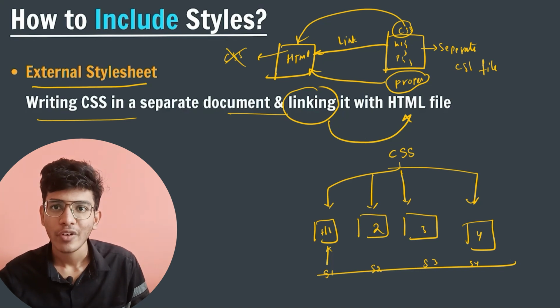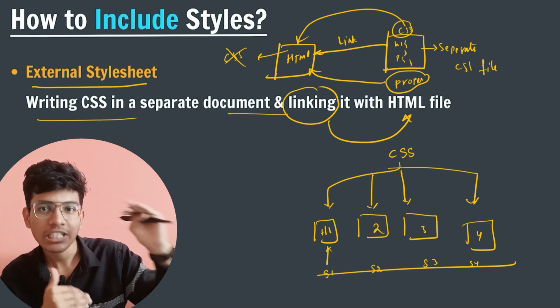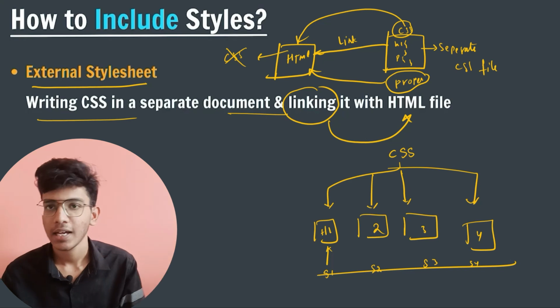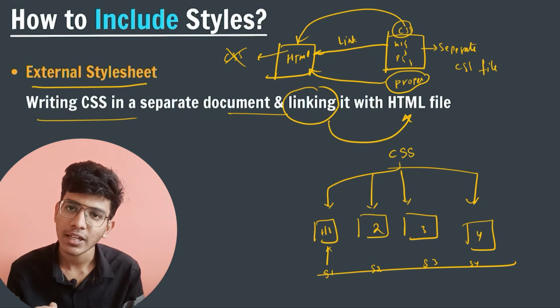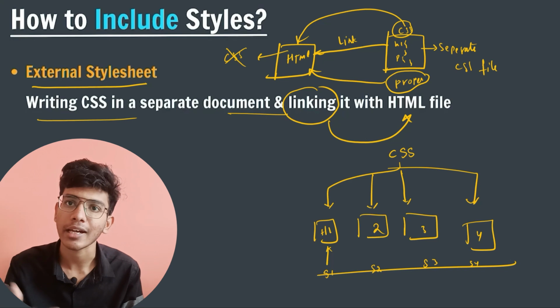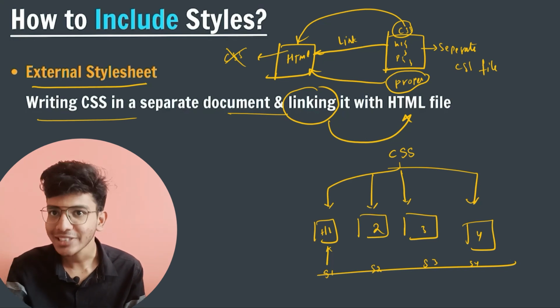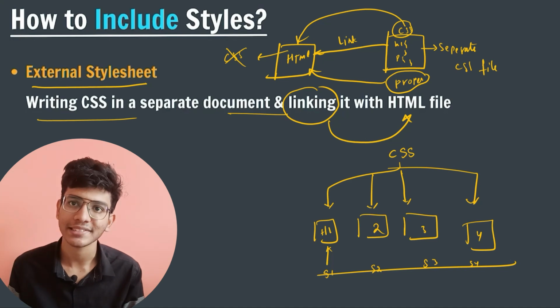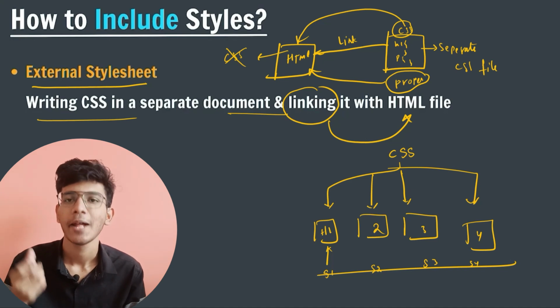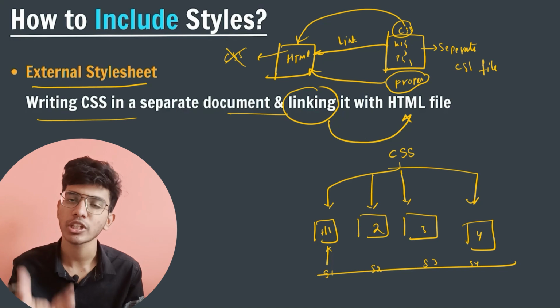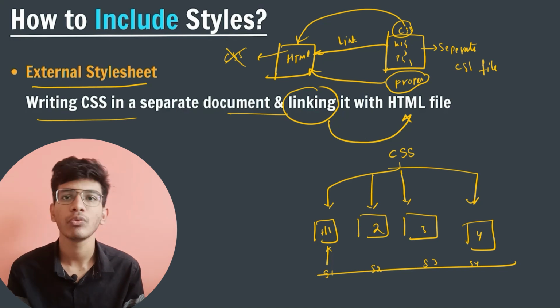So instead of writing a style tag in each individual HTML document, I can just give the link of my CSS file, and in the CSS file I will define properties, right? So my work is getting reduced here. That is why this method is very efficient.